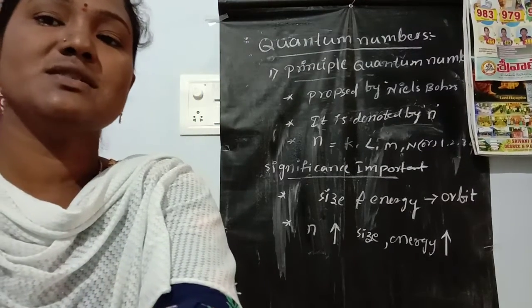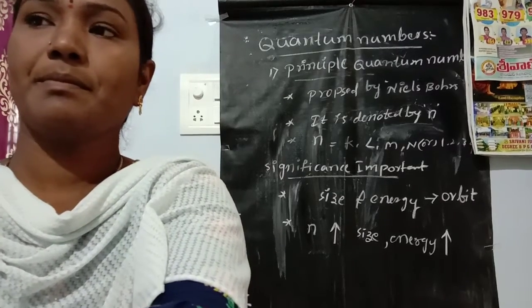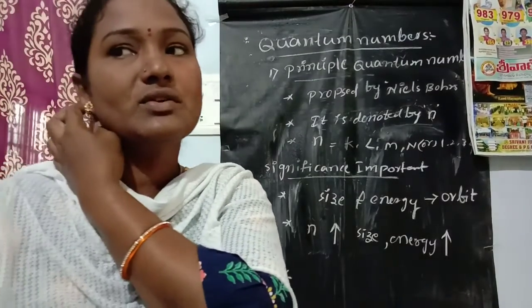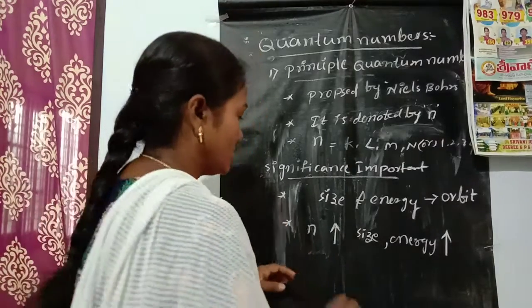The maximum number of electrons present in a main energy level is given by 2n square.